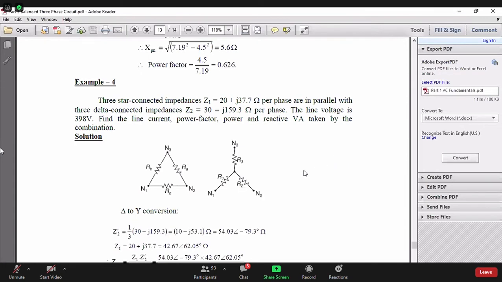As I said, now here you cannot apply that concept that they are connected across the same voltage. It is that they are connected across the same nodes. That means both these will be connected across N1, N2 and N3. So now just think that this star is in the middle of this triangle connected to N1, N2 and N3.